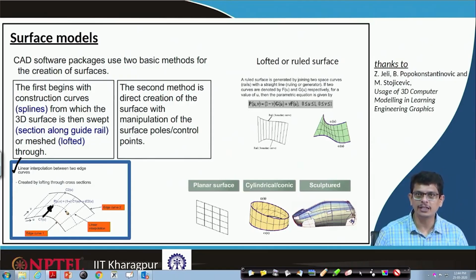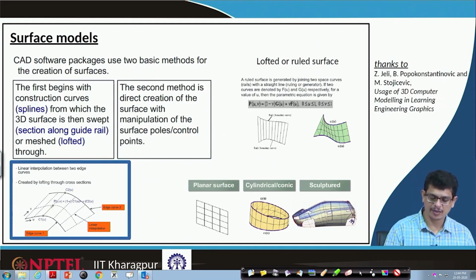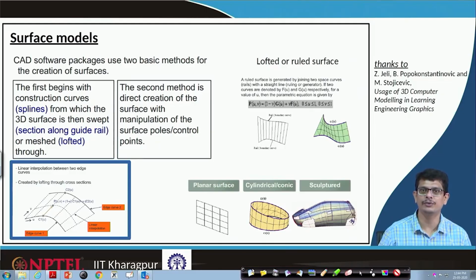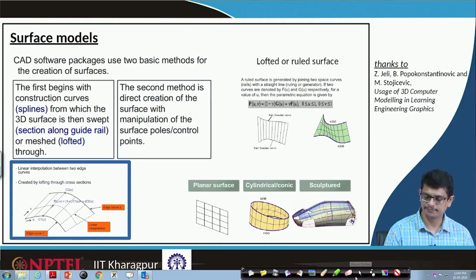If we are doing that, we call that lofted surfaces. In the case of ruled surfaces, it is not necessary that you will have an equal number of points on both sides, but usually for lofted surfaces you divide it into an equal number of points on both sides of this curve and join by straight lines. So, a lofted surface is a specialized form of your ruled surface.